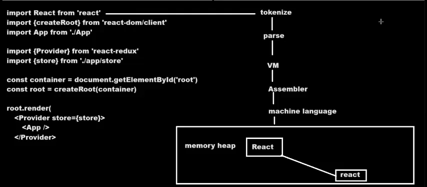It is process of compiling, translating, interpreting. And result of that we have in memory heap a location with React. In that location is React reference, which points to React library.